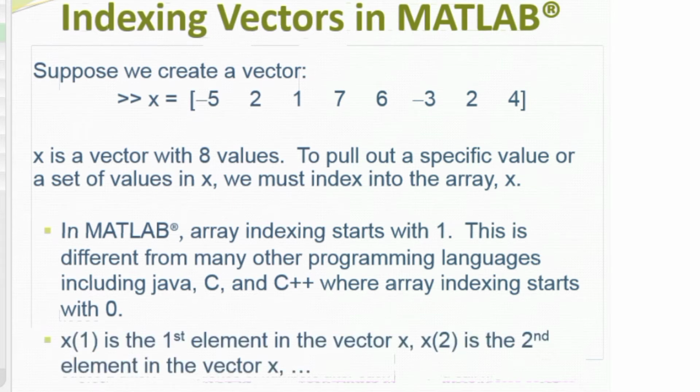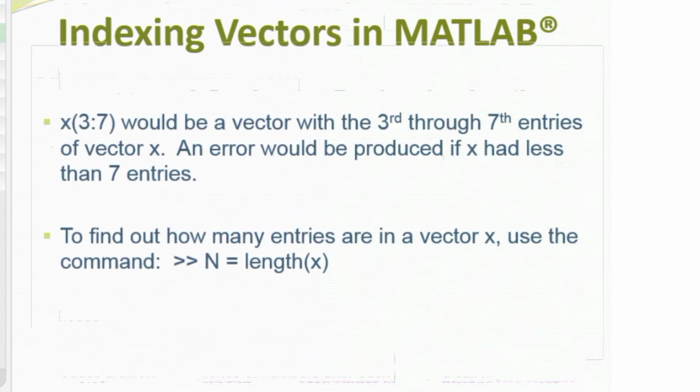So if I do x(1), that's referring to the first element in the vector, which in this case would be -5. If I do x(2), that refers specifically to the second value in that vector x, which in this case is 2. I could yank out sets of values.